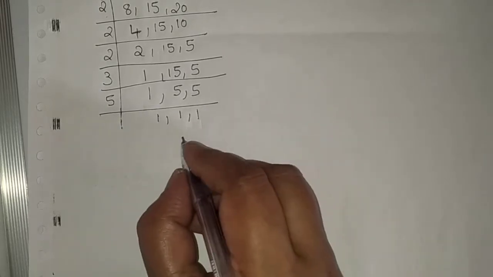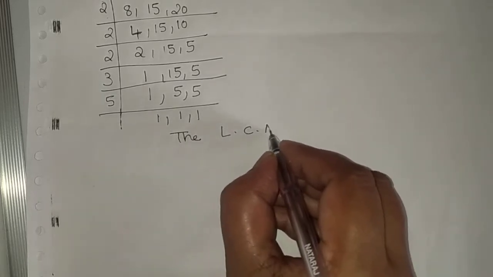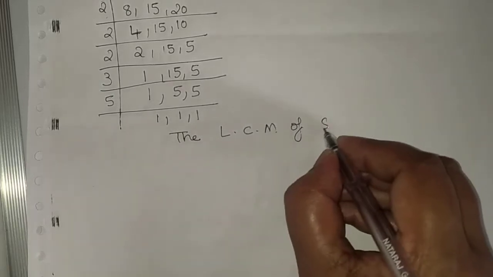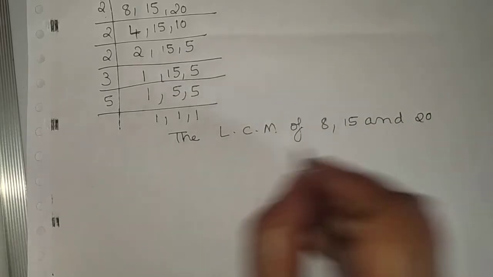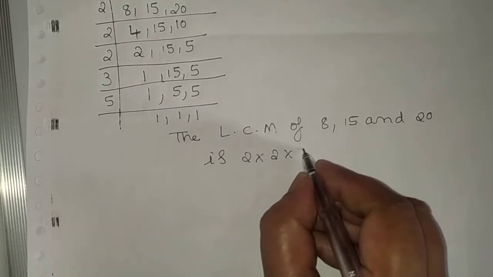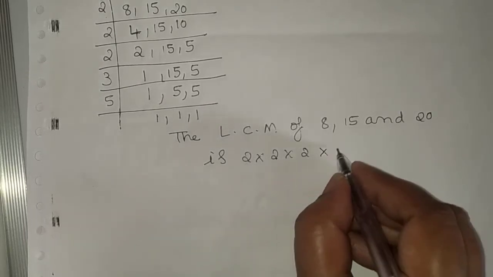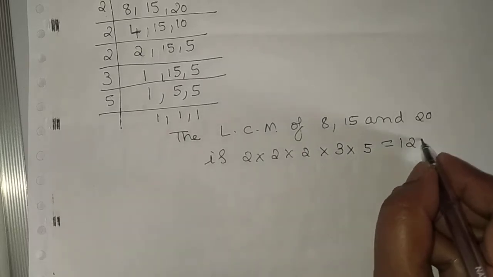So what is the next step? The LCM. We found out the LCM of 8, 15 and 20 is 2 into 2 into 2 into 3 into 5, which is equal to 120.